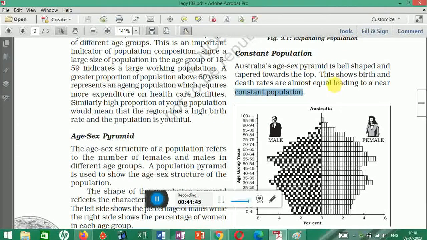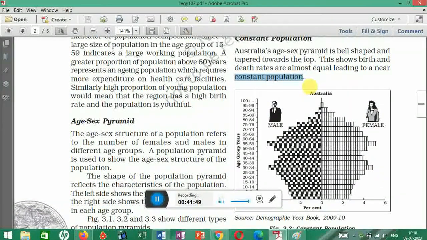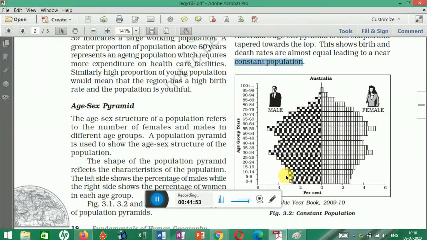Australia is an example. Here you will find that the base of the population pyramid is small. It indicates that we have fewer children. The middle portion is big, which means the number of workers is very high.